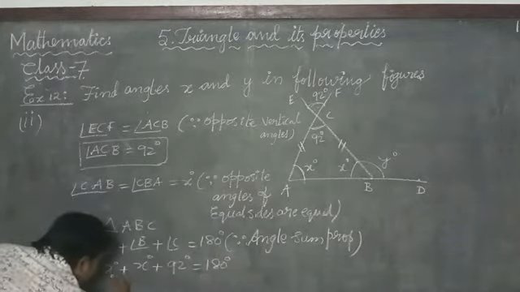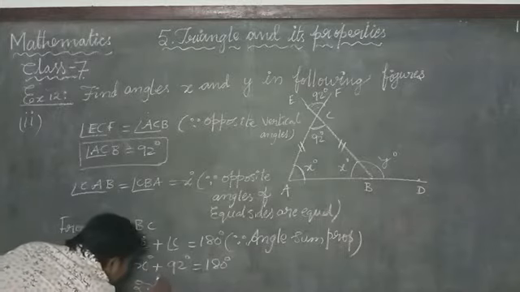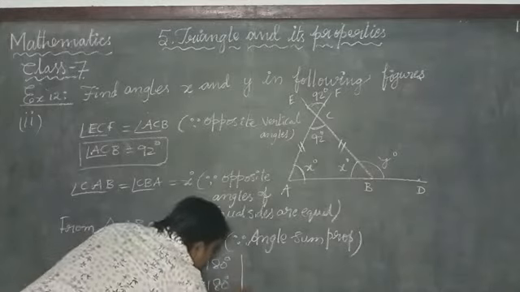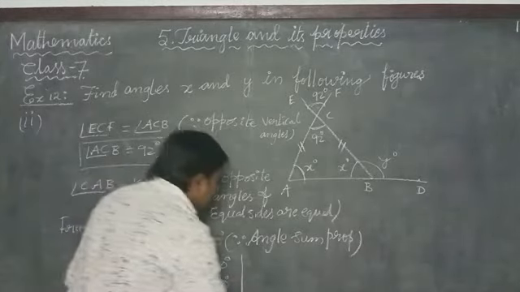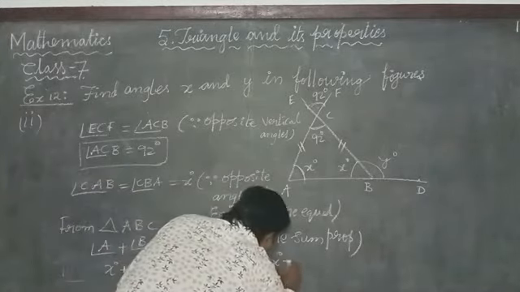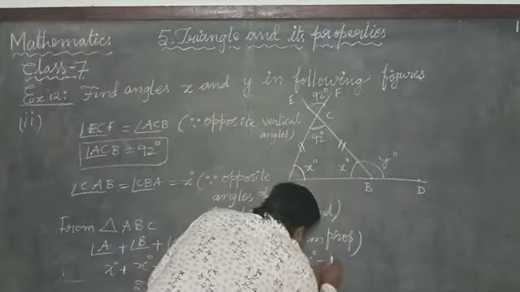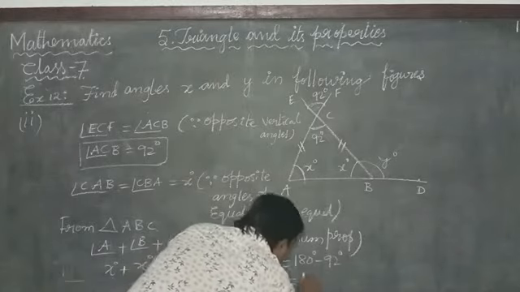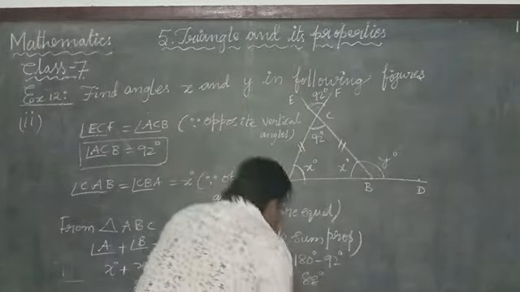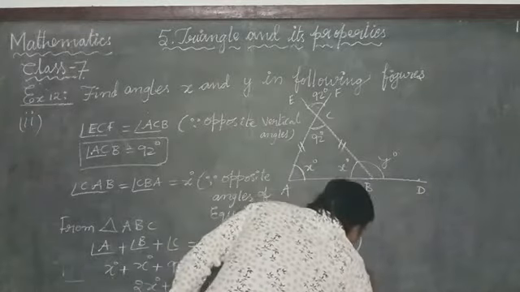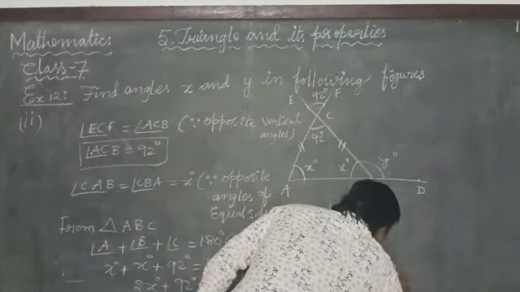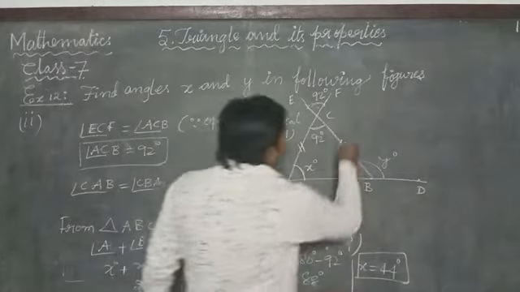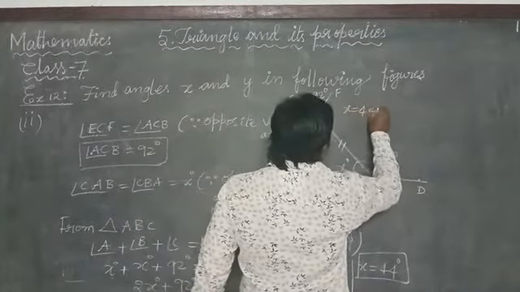From that, x plus x, 2x degrees, plus 92 degrees equals 180 degrees. Then 2x degrees equals 180 minus 92 degrees, so 2x equals 88 degrees, then x equals 44 degrees. Finally we got the x value: x equals 44 degrees.